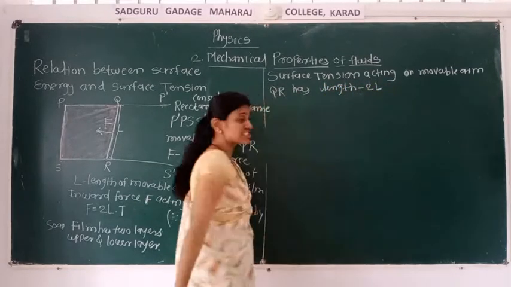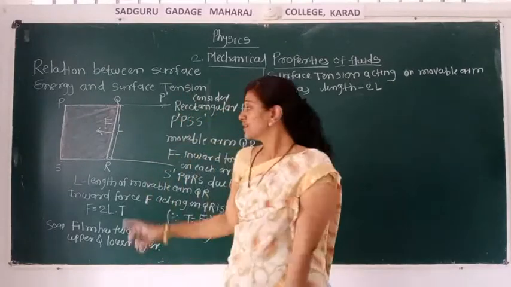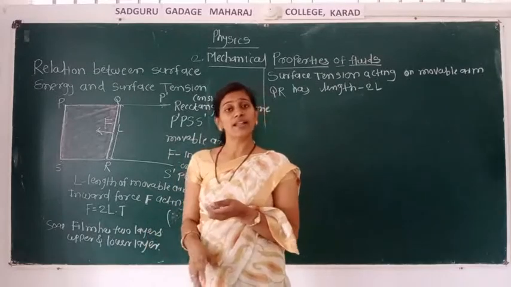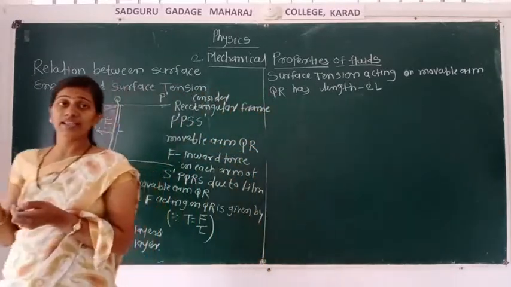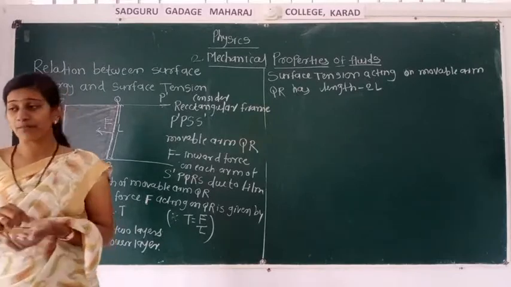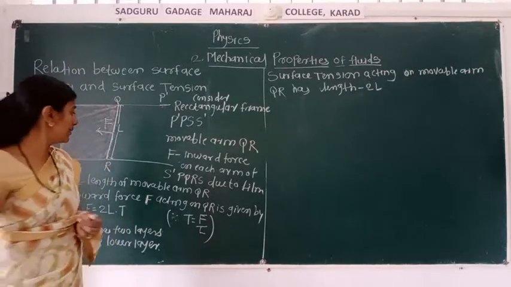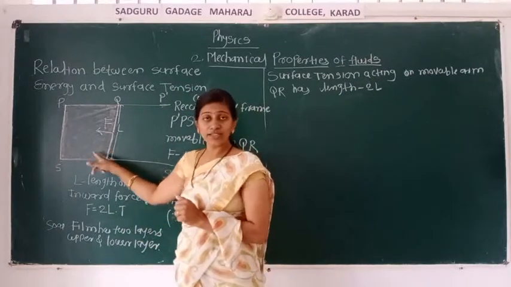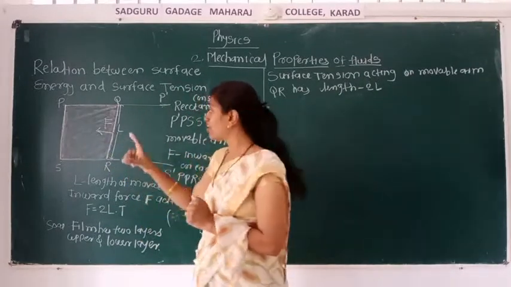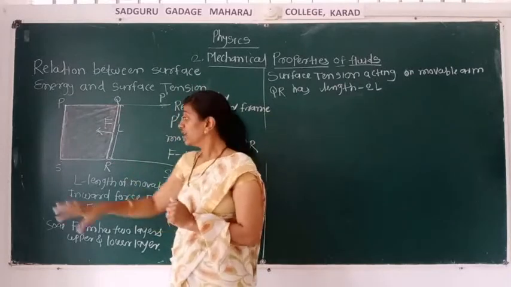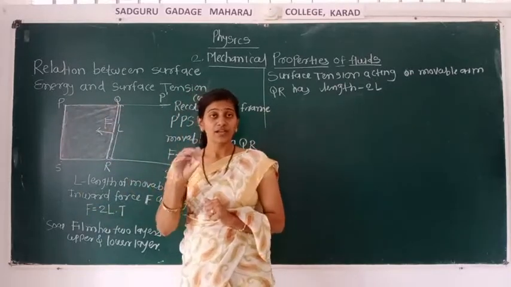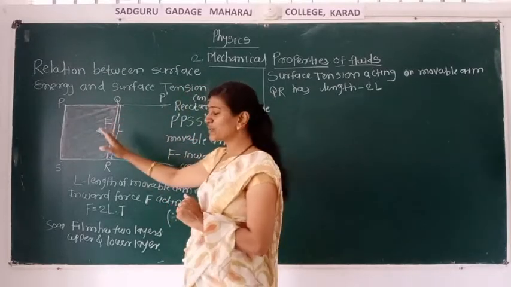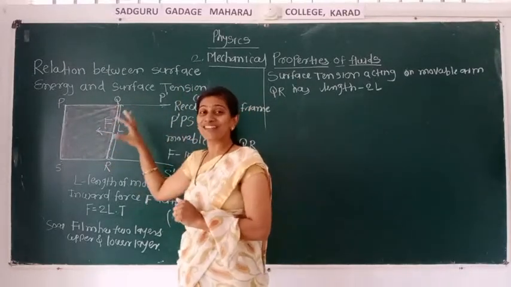That means instead of L, why have we taken 2L? See, there are two layers of the film, the upper layer and the lower layer, so the length is not only L, it is replaced by 2L. Up to this part is very easy. Now the force is an inward force acting on each arm of PQRS, because the film is present only in that portion, PQRS.